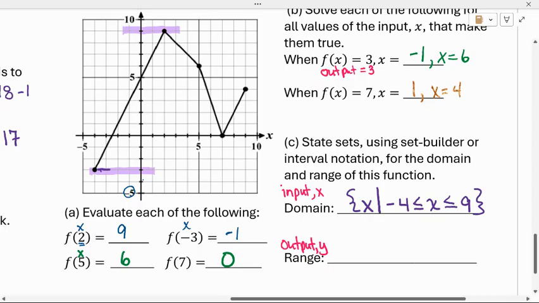What is the smallest y value? Okay, so look up at the board. Where am I pointing? This is the lowest point of the graph. Where does it hit on the y-axis? -3.